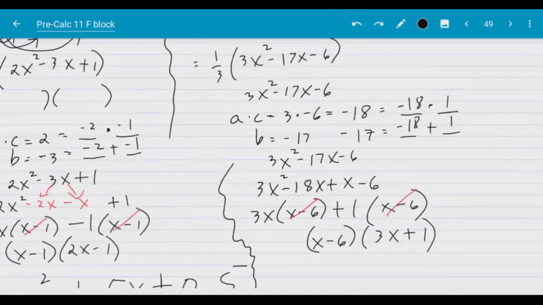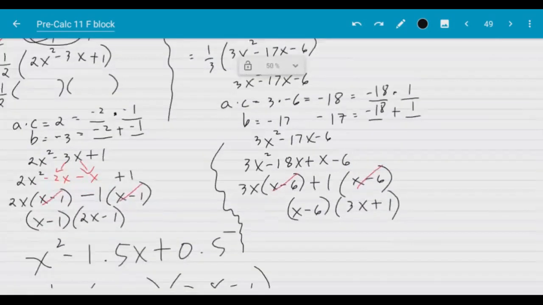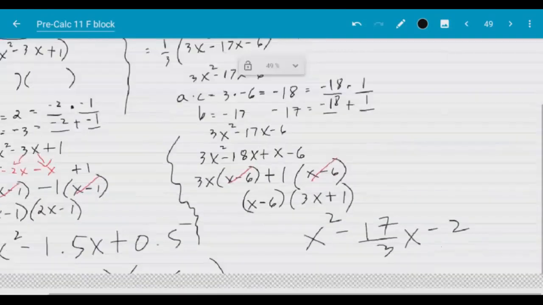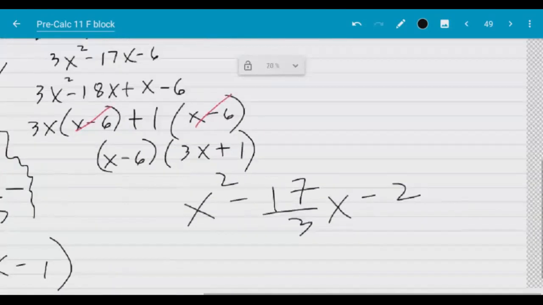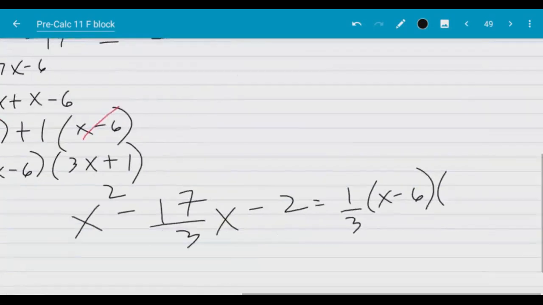If we are going to come up with a final answer for the factors of x squared minus 17 over 3x minus 2, the final answer would be 1/3 times x minus 6 times 3x plus 1.